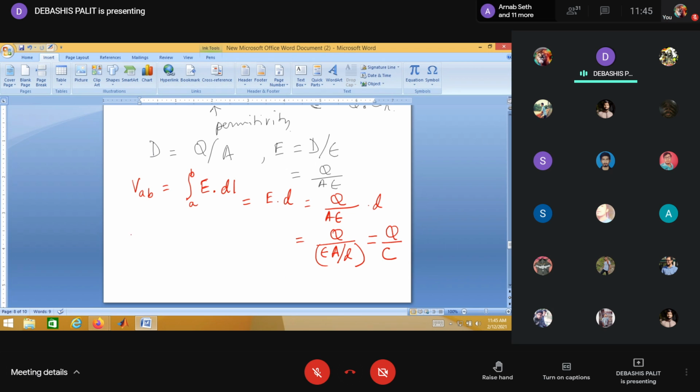So the magnitude of the capacitance is nothing but epsilon A by d. So the permittivity of the dielectric medium dictates the value of the capacitance. Similarly, the plate area also dictates the capacitance, the parallel plate area, and the separation distance of this parallel plate also dictates the value of the capacitance.